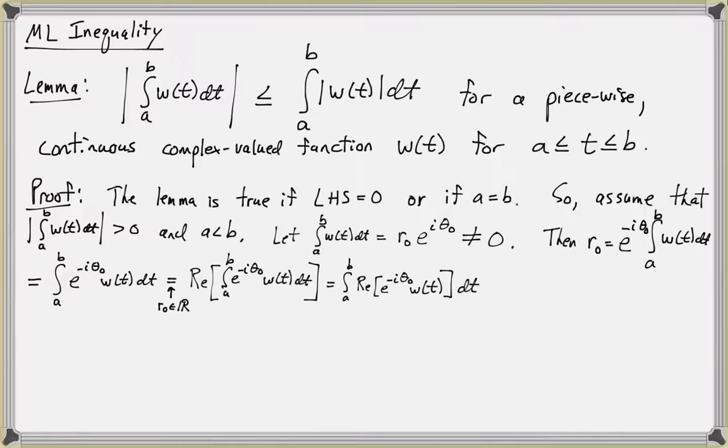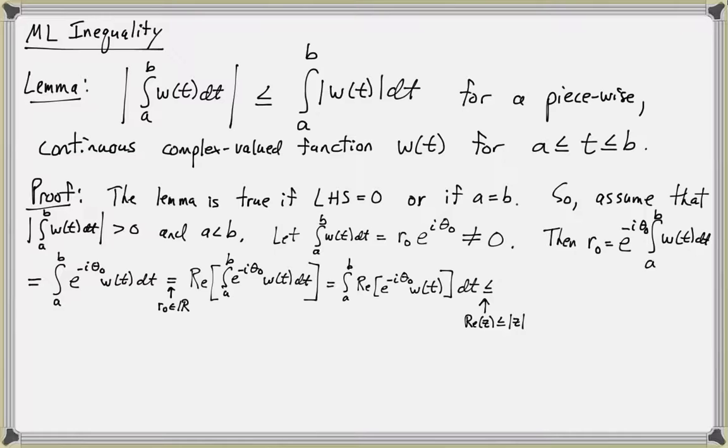And now we're going to use the fact that the real part of a complex number is less than or equal to the modulus of a complex number. So we're using the fact that the real part of z is always less than or equal to the absolute value of z for any complex number z.